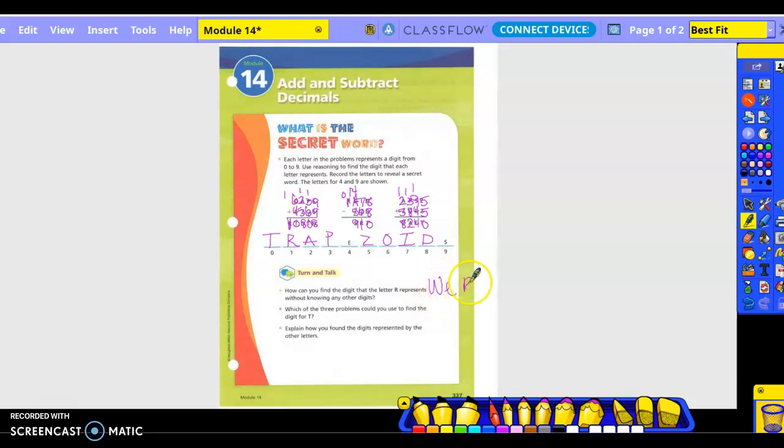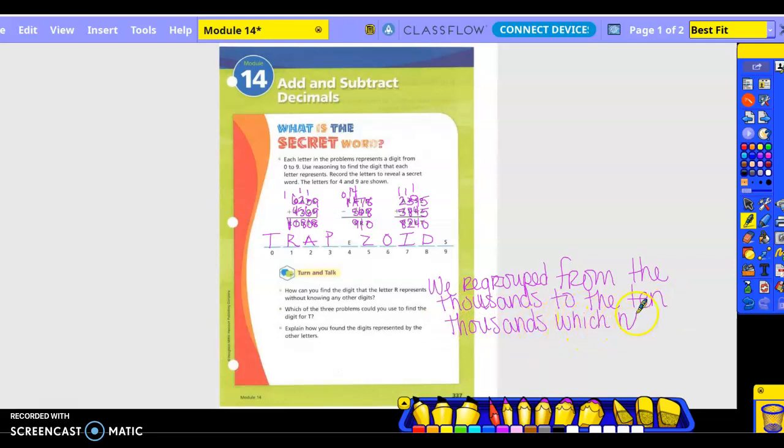So we regroup from the thousands to the 10,000s, which meant R equals 1, right? Which of the 3 problems could you use to find the digit for T?